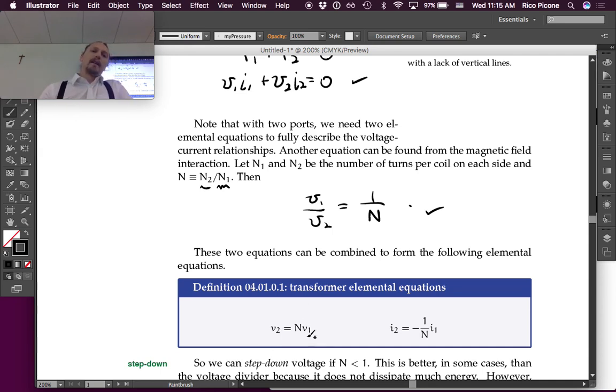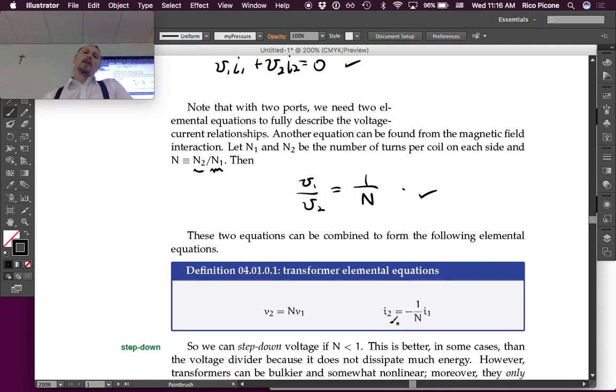So if we multiply V1 by N, we get V2. The current on the other side is negative 1 over N times I1. So the current's divided by N, and the voltage is multiplied by N.